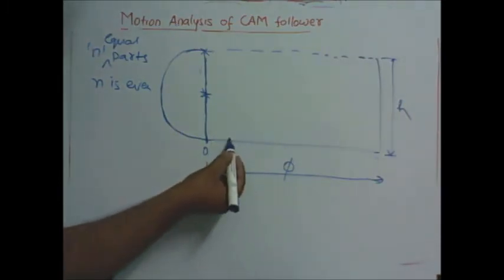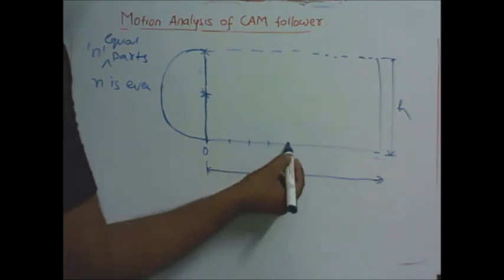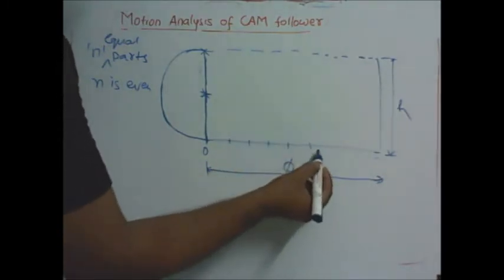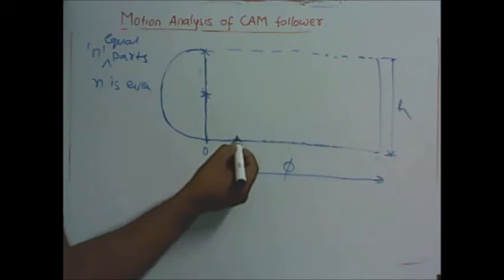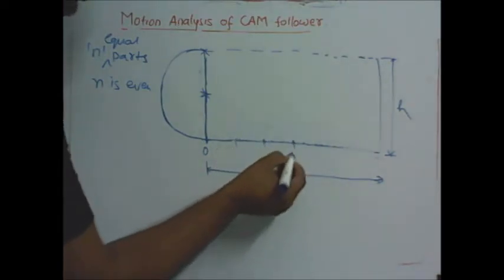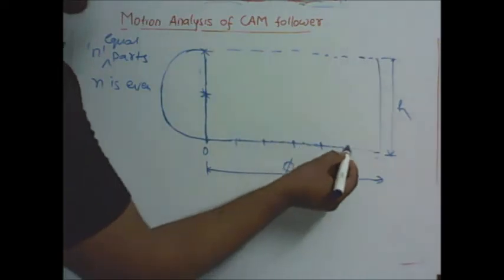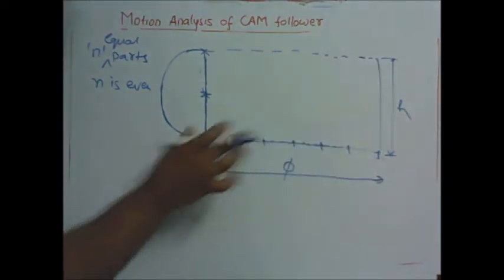So it will be 1, 2, 3, 4, 5, which can be divided as 1, 2, 3, 4, 5, 6 parts.